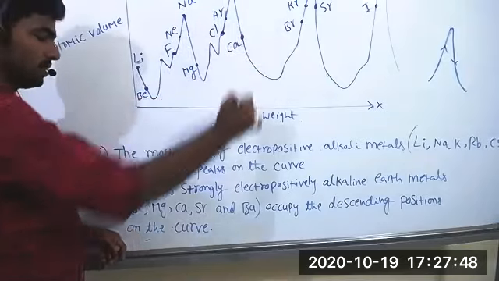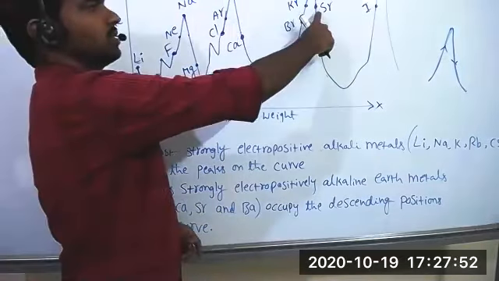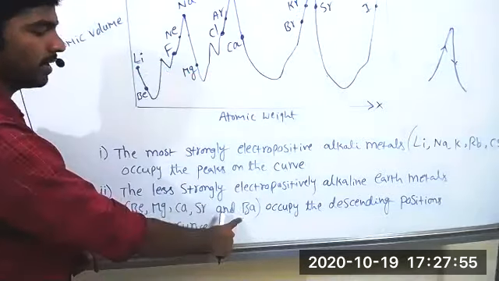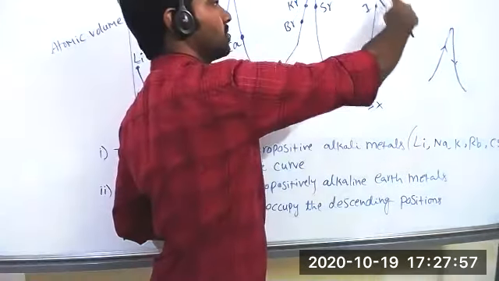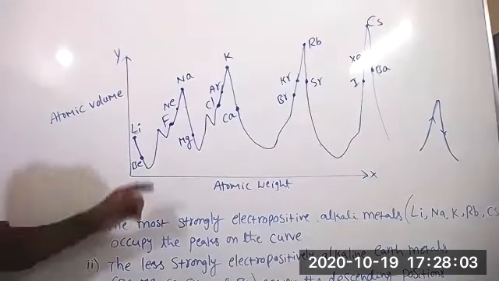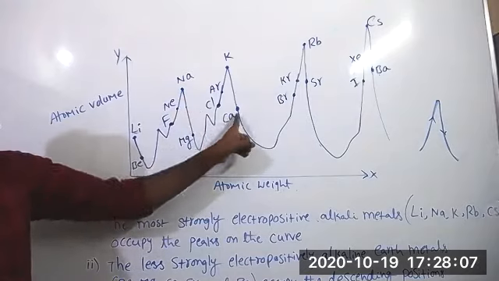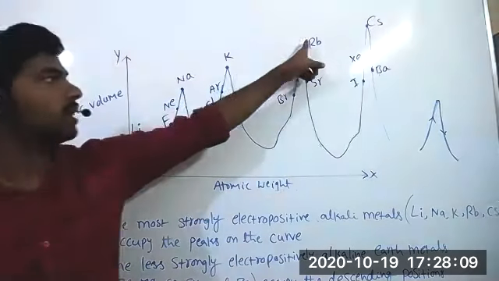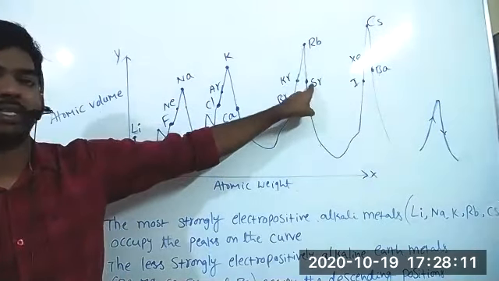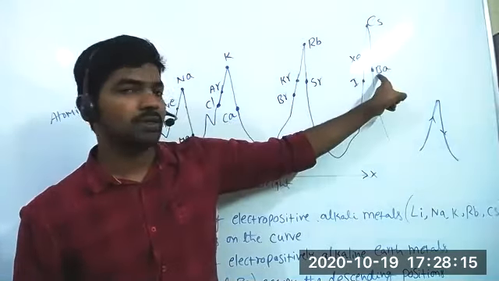After that, strontium, you can observe this point, and barium here, descending position. I think it's not visible. Beryllium here, magnesium here, calcium, strontium here, and barium, this one, all in descending position. Okay.